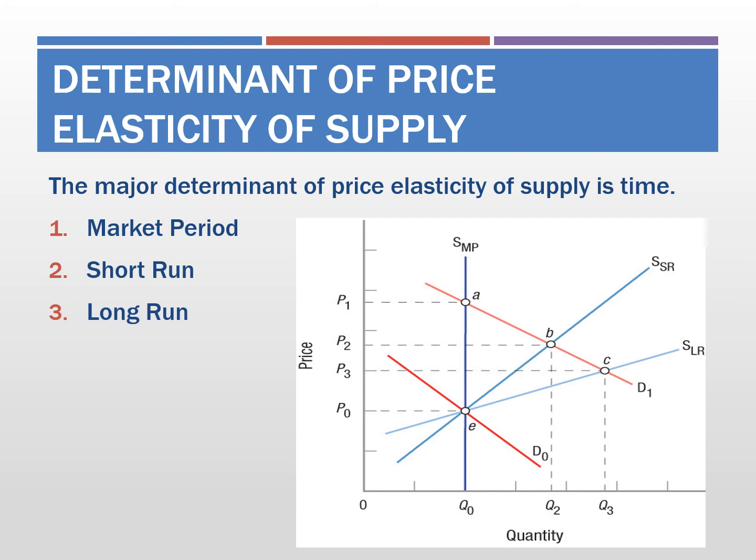As you can see, there's a vertical line here that demonstrates that regardless of how the prices change in the market, the quantity supplied of the good will always be the same. This is the case where we say the supply of the product is perfectly inelastic. Regardless of what the price is, the quantity supplied in the market will be fixed.